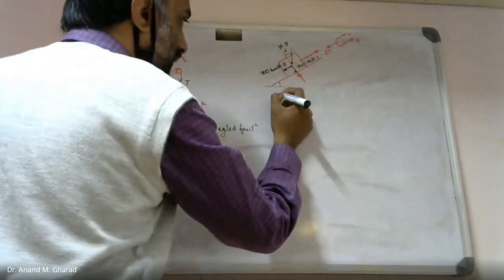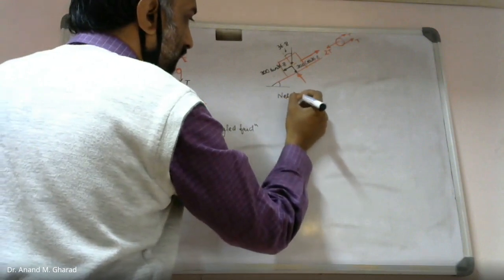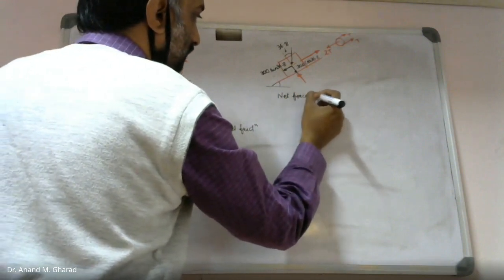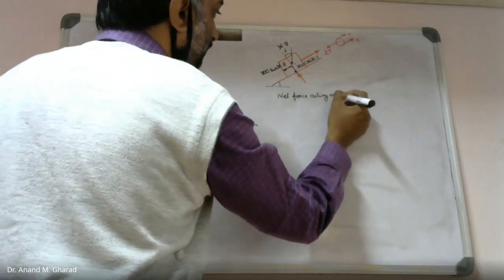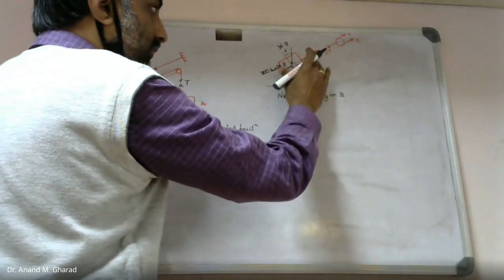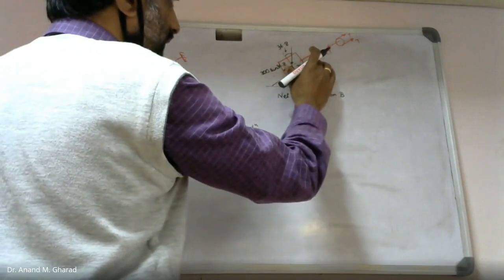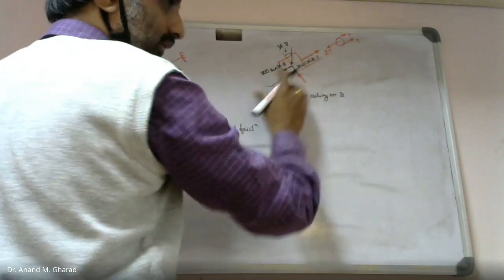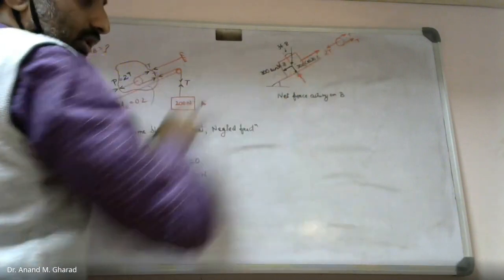Fine. Now the net force acting on block B. In order to move this block, you know that this block will be moving in the horizontal direction, or in the line of the inclination.